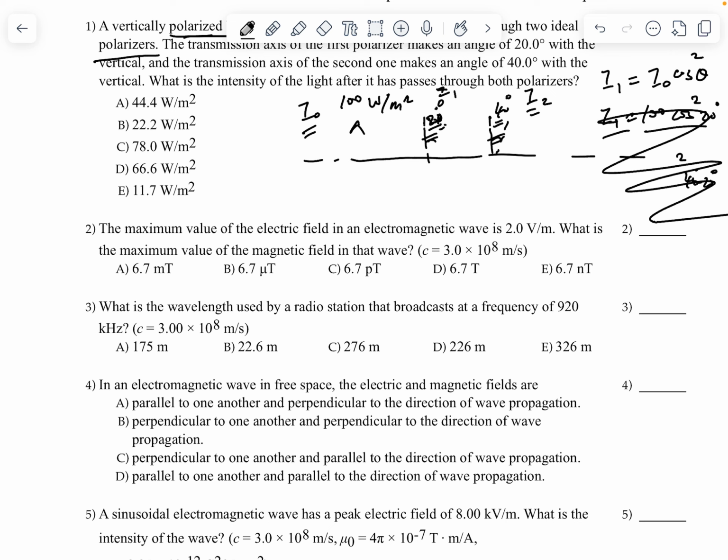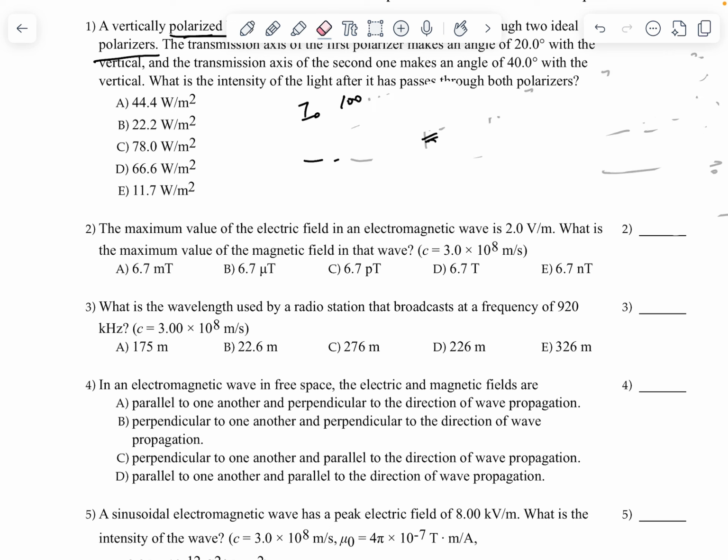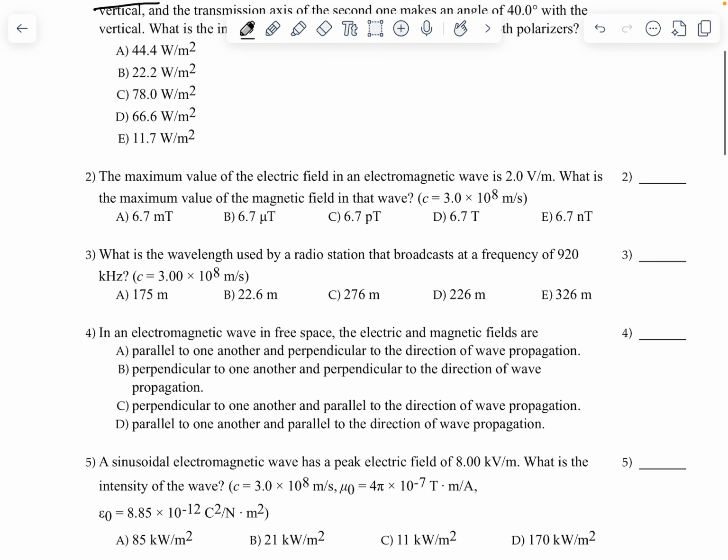Second one, the maximum value of an electric field, E max, in an electromagnetic wave is E max equal to 2.0 V per meter.